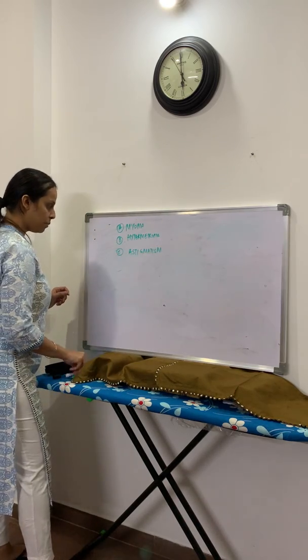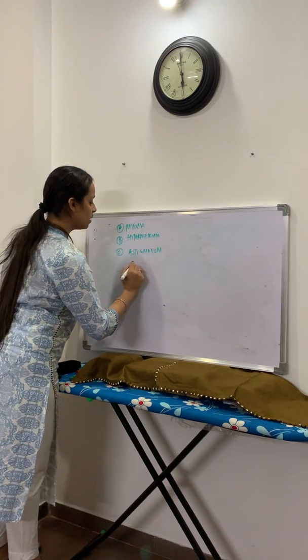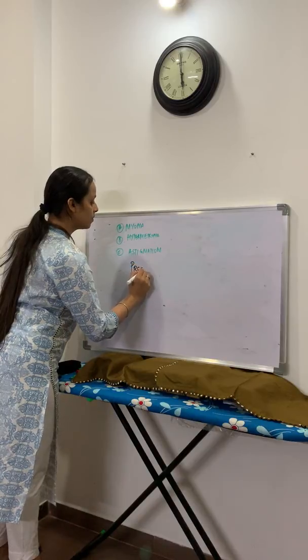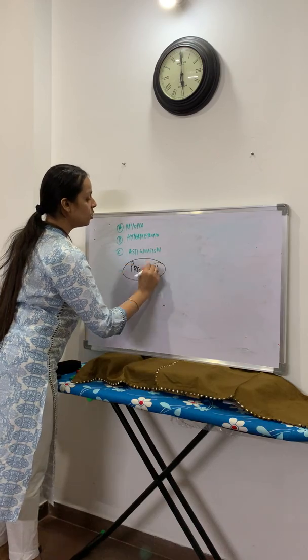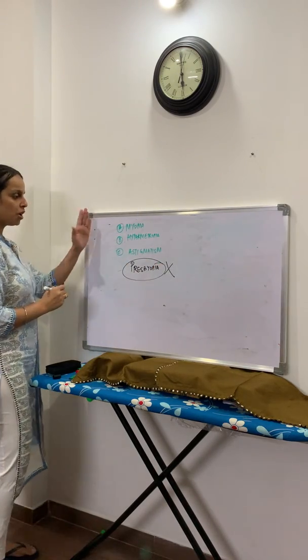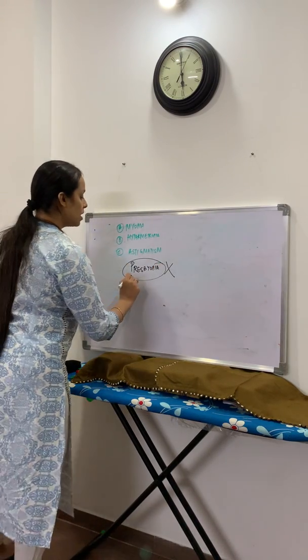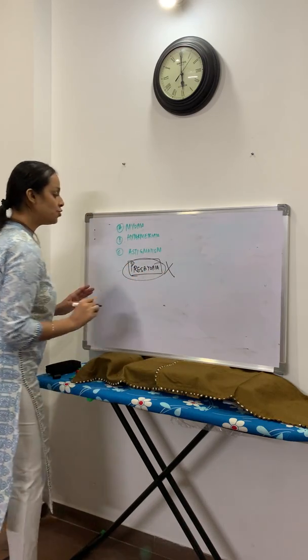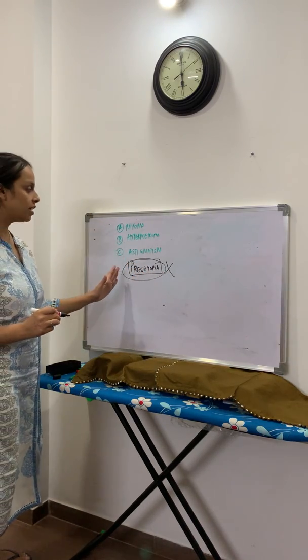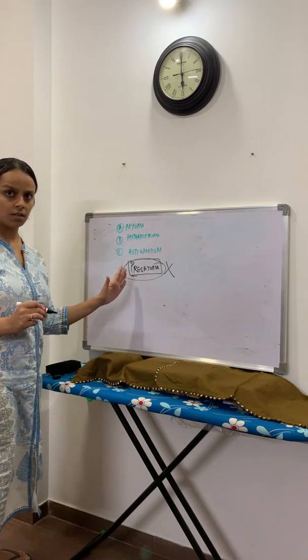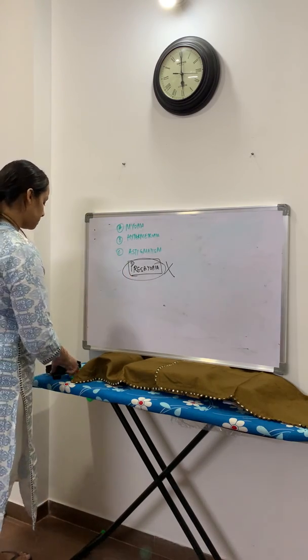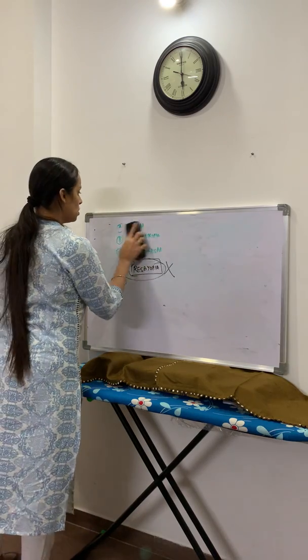And you must remember that presbyopia is not an error of refraction. So if you have four options, presbyopia is not an error of refraction, rather it's an age-related change. It's a physiological process in the eye. This does not come as an error of refraction. So I'll be explaining to you all of these.